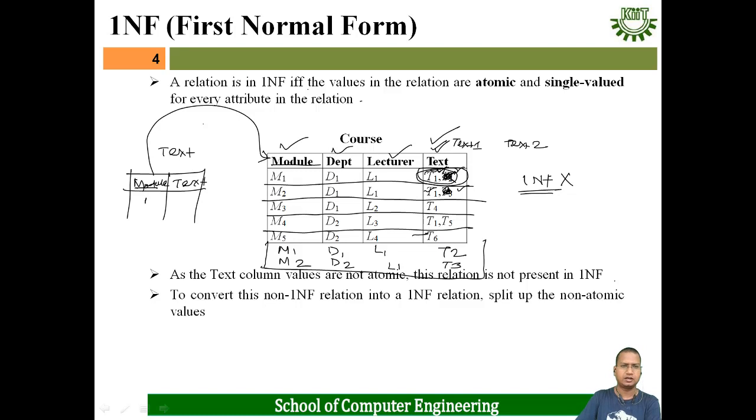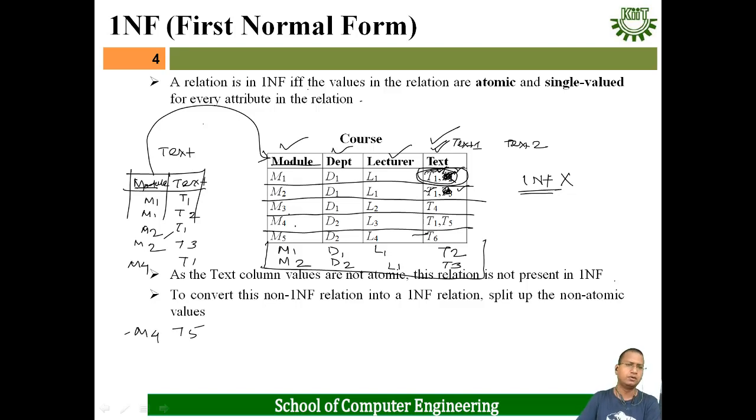And this module will be a foreign key for this table. Here M1, T1, M1, T2, then M2, T1, then M2, T3. Similarly M3, T4, M4, T1, then M4, T5.